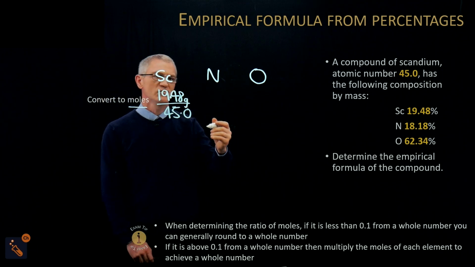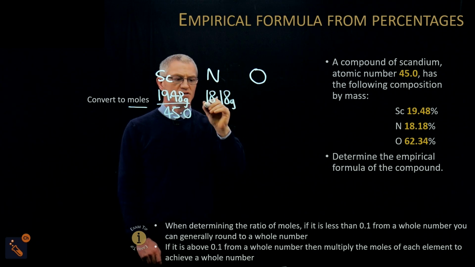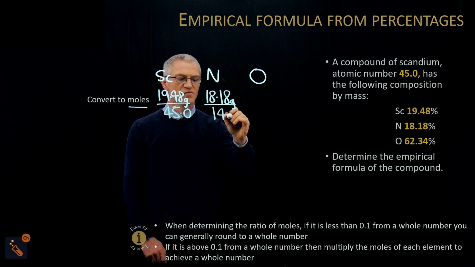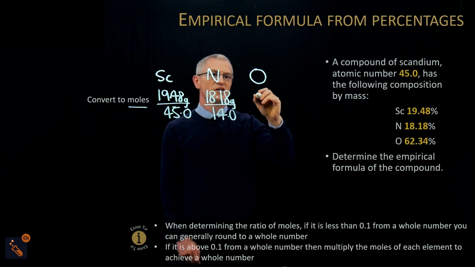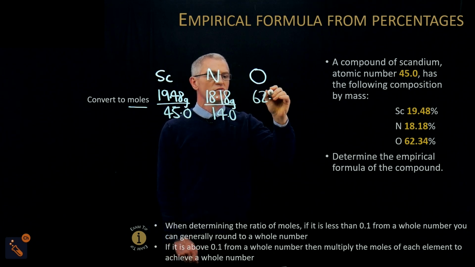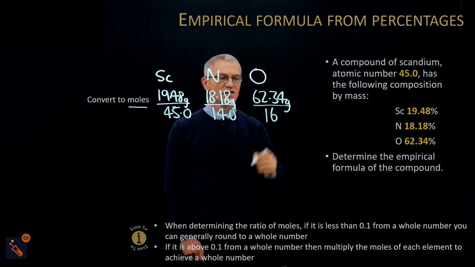And then I go to the nitrogen. The nitrogen in that case is 18.18 grams. Now I divide it by its mass, which is 14. We then go to oxygen, and we know we've got 62.34 grams, and then we'll divide that by 16.